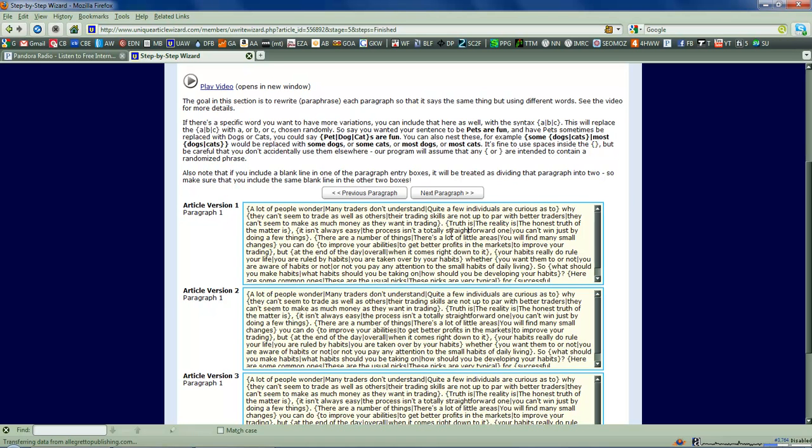Every time you have a comma, you can separate that by spin tags. Every time you have an idea that's connected by a conjunction, you can separate that by spin tags and effectively retain your meaning while still building a very unique, very coherent article, which is the end goal, because you want to get the most out of every single article you write, which is why you're watching this video.